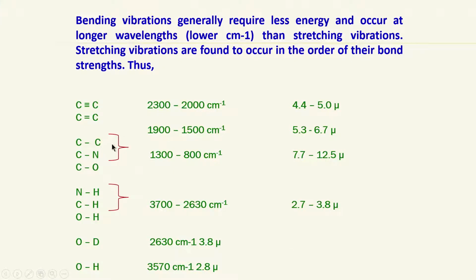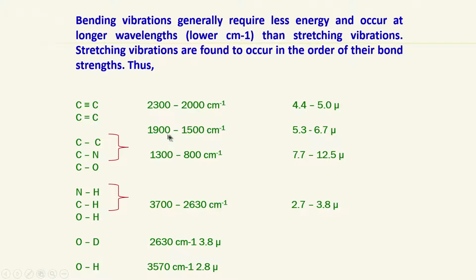So, the peaks will appear between 1900 to 1500 centimeters inverse, and there is one more peak appearing somewhere around 1300 to 800 centimeters inverse. The corresponding micrometers are 5.3 to 6.7 and 7.7 to 12.5.